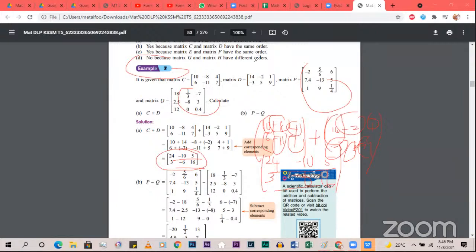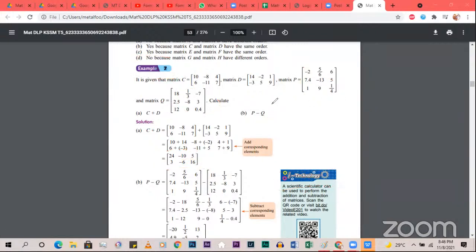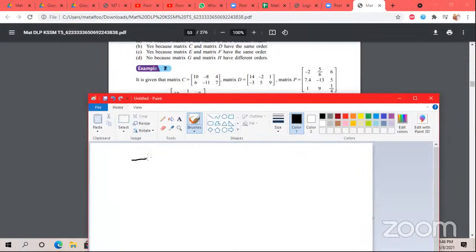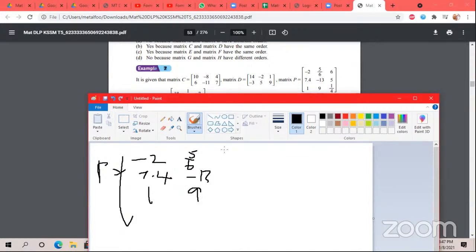For P minus Q, maybe I can write it. P is -2, 7.4, 1, 5 over 6, -13, 9, and 6, 5, 1 over 4.